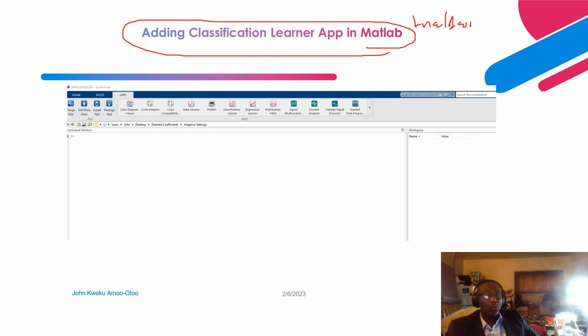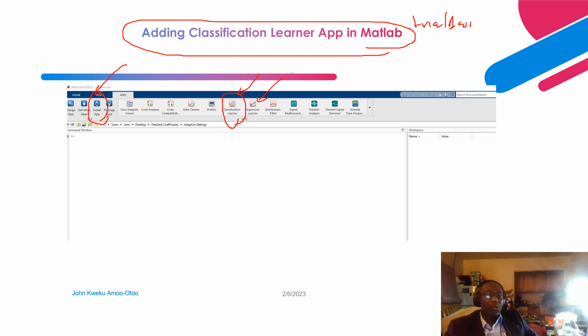Within the Matlab platform, you can install the classification learner app under install app. There is also another learner app, regression, that you can install if you want to learn regression. These are all statistical tools that you can use.